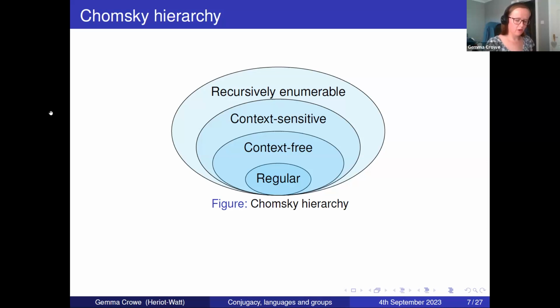Now, there's lots of equivalent ways of defining regular and context-free languages. If you've seen formal language theory before, you've maybe seen, for example, finite state automata used to define regular and context-free languages.